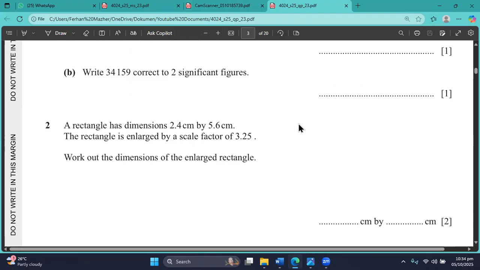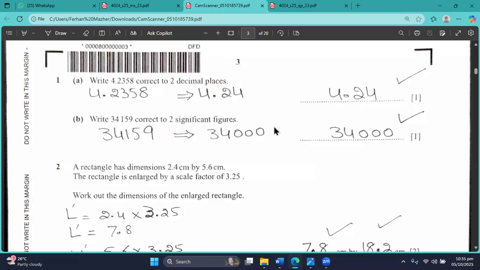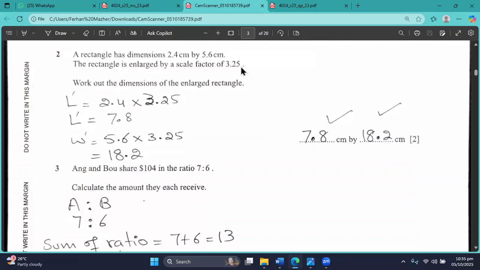Then question number 2. He says a rectangle has dimensions 2.4 centimeter by 5.6 centimeter. The rectangle is enlarged by a scale factor of 3.25. Work out the dimensions of the enlarged rectangle. The new length will be the old length multiplied with the scale factor, that is 3.25.